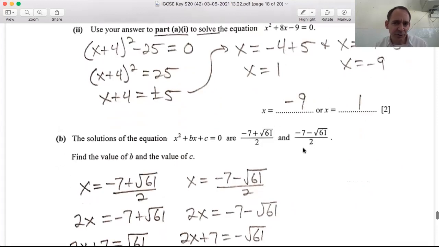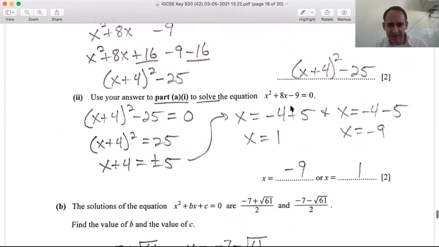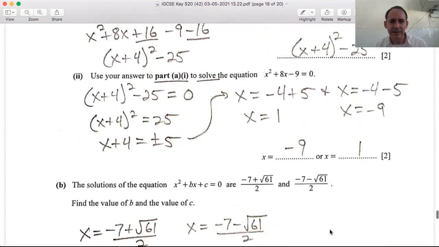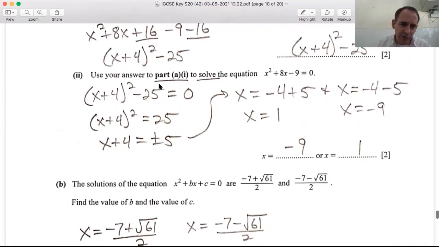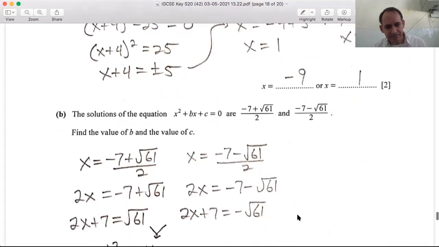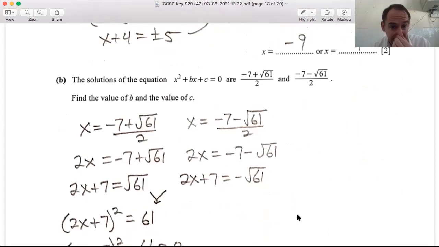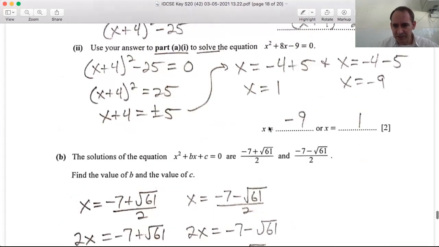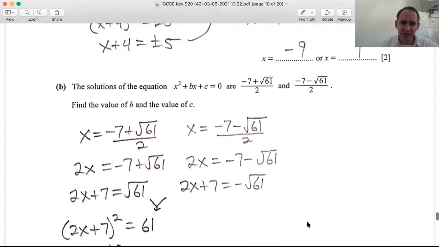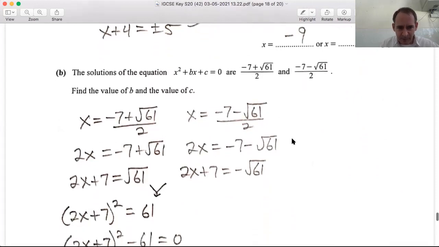Are these two answers here, which is kind of like the two that you had here, they want you to work your way back to this. So we have x equals this one, and we have x equals that one. Notice x equals, there's our answers, and these are the solutions. So we start off with x equals, multiply the 2's to the other side.